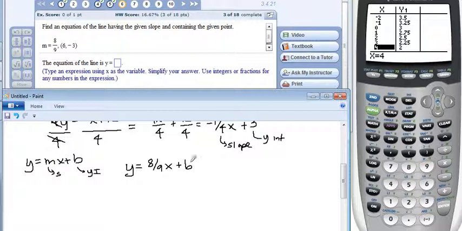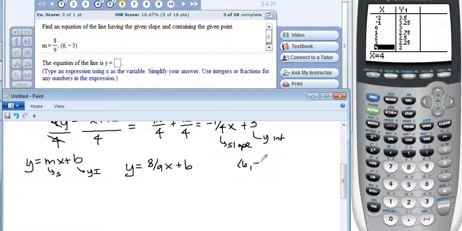So what I have to do is find b. I'm going to find b because I know that this equation here is a line, and every x, y ordered pair that sits on that line is right here. It's telling me it goes through this point right here. So this xy pair is on my line, and therefore I can put it in.